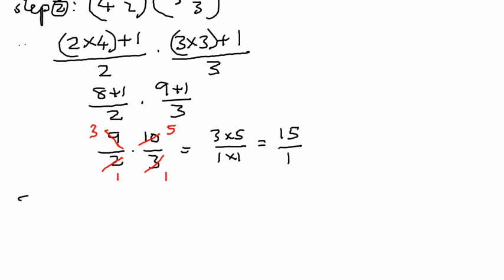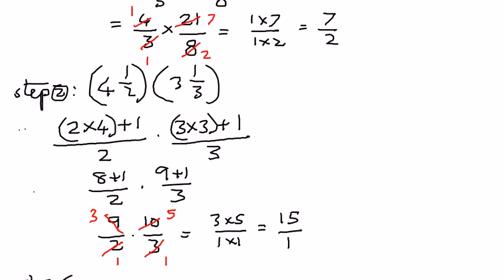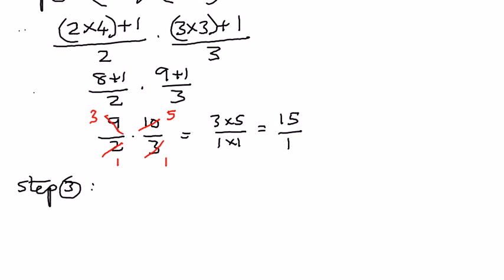So in our next step, step number 3, we write the numerator part, which was 7 over 2, and we write the denominator part, which is 15 over 1. So we want to simplify this. As we mentioned in our previous examples, when we have a fraction divided by another fraction, we write the numerator fraction as is, 7 over 2.